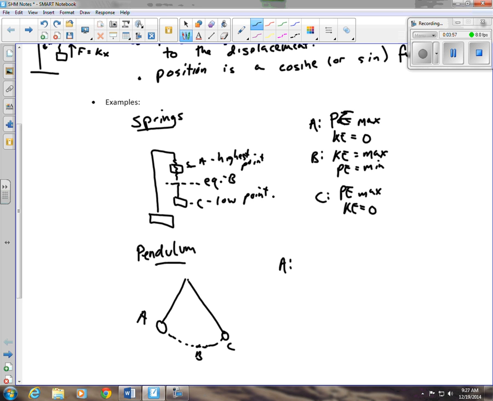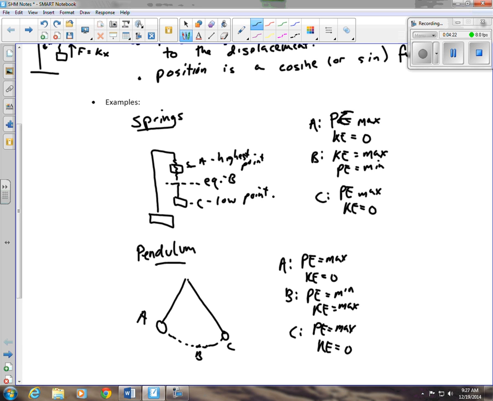A is its highest point, so the PE is a max and the KE is 0. When it gets to point B, it's lost its potential energy. The potential energy is minimum and the KE is max. Then at point C, PE is max again and the KE is 0.